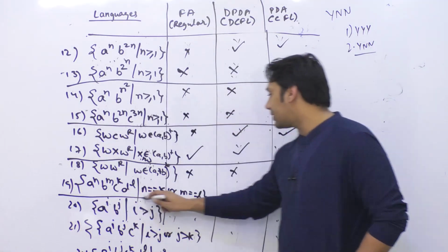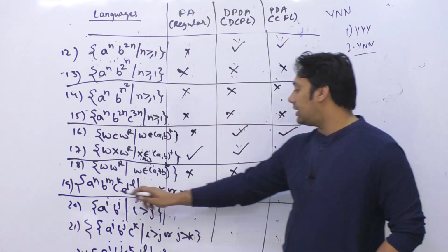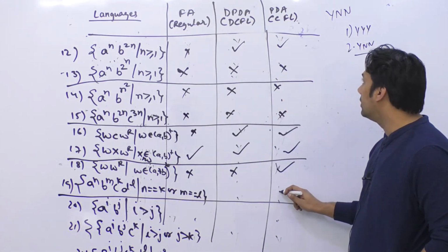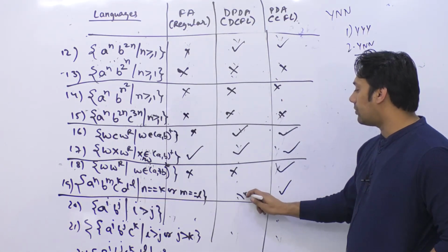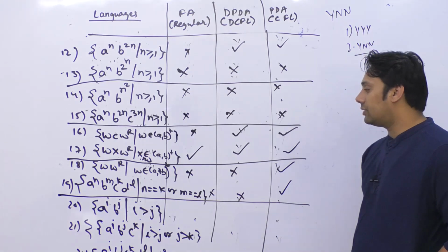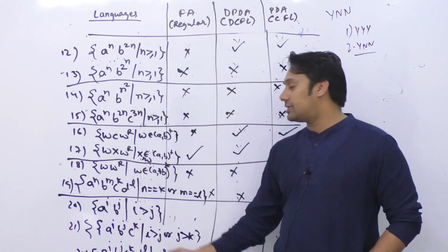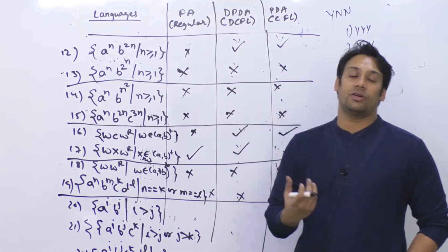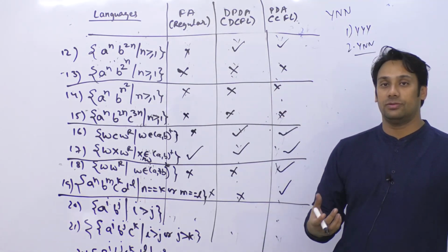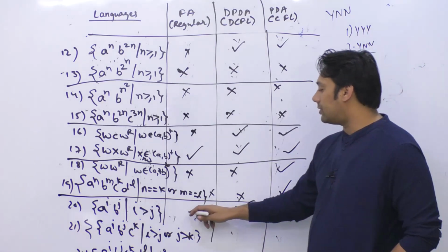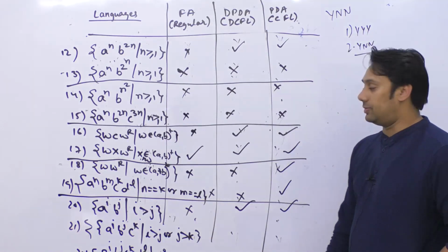Now for the 19th case, it is either a should be equal to c or b should be equal to d. Again, you can make an NPDA for this, but you cannot make a DPDA. Then we have a raised to power i, b raised to power j such that i is greater than j, meaning the number of a's should be greater than the number of b's. Here a DPDA is possible, an NPDA is also possible, but FA is not possible.